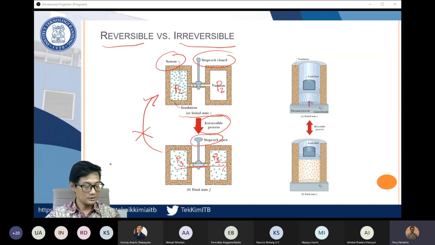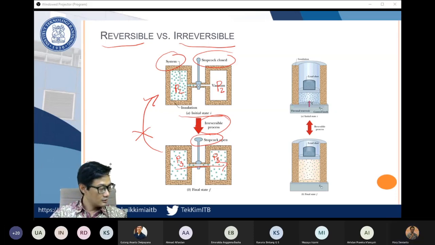Now let's try another example. Okay, you have a fluid here, and then there is a load using lead shot put on top of it.